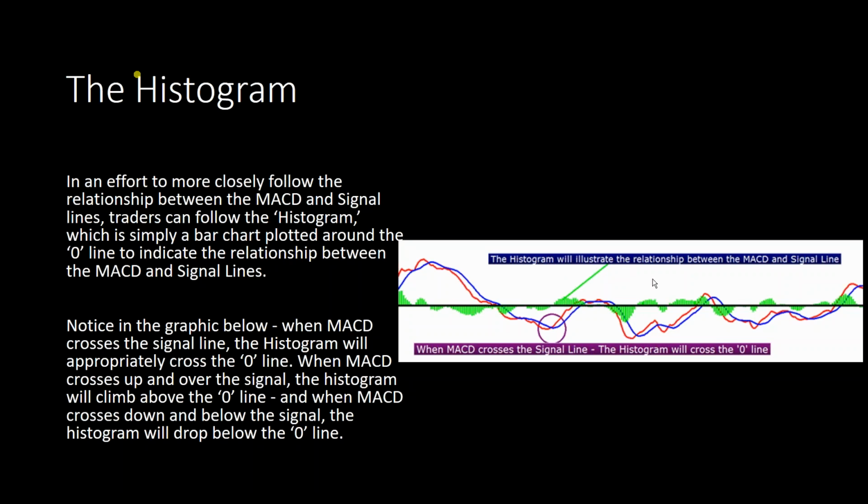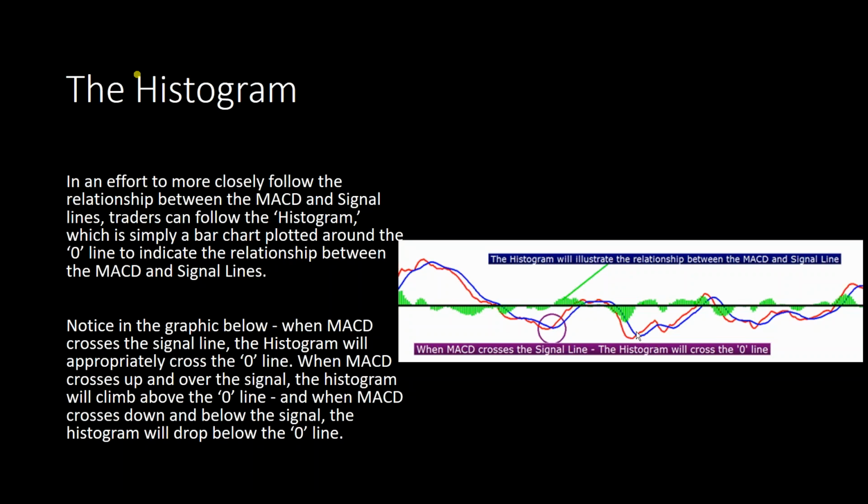The histogram is the relationship between the MACD, the red line, and the MACD signal line, the blue line. Again, when it's plotted on that zero line, when it is zero, those two lines are now crossing each other.